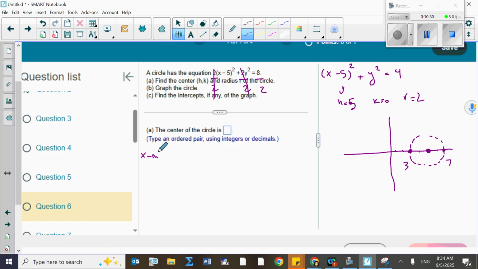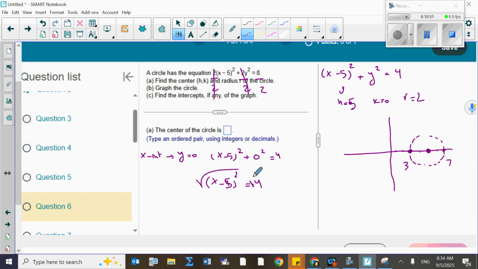In order to find x-intercept, you're going to set the y equal to 0, plug that here, and solve for x. So I will have x minus 5 squared plus 0 squared equal to 4. That means x minus 5 squared is equal to 4.